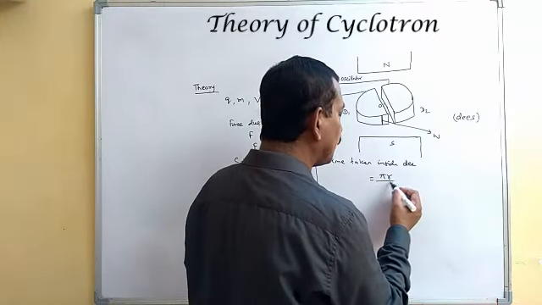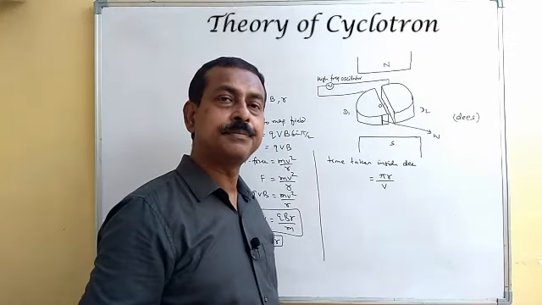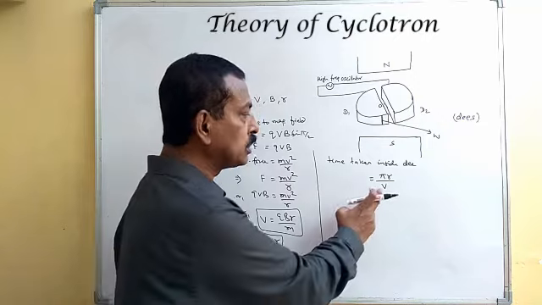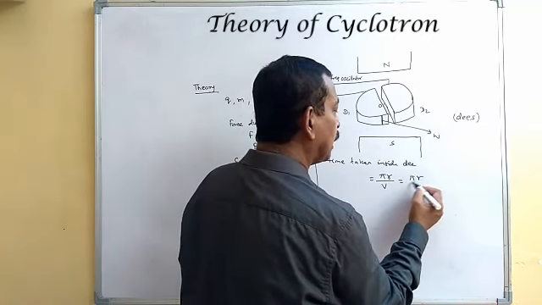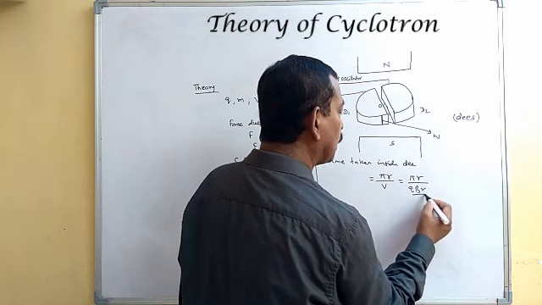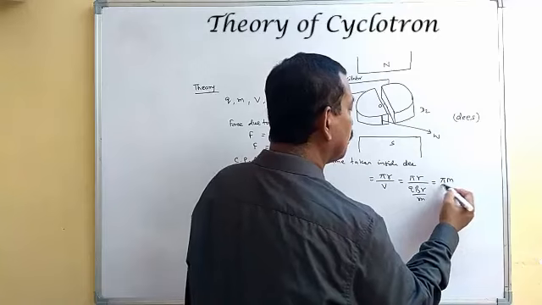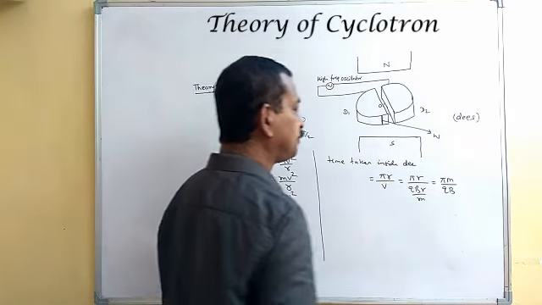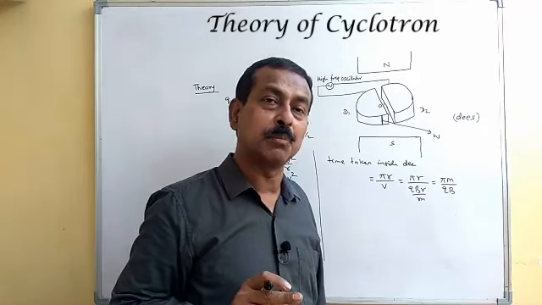So length is pi r and speed is v. So this will give the time taken. Now if I put the value of v from this one, we have pi r by (QBr by m), and that is pi m by QB. There it is describing a semicircular path.